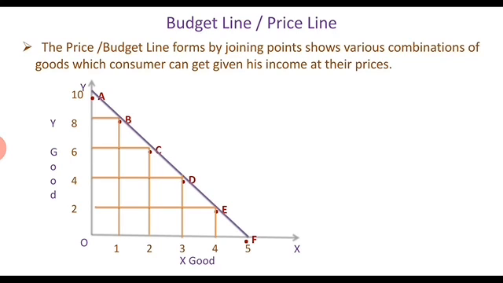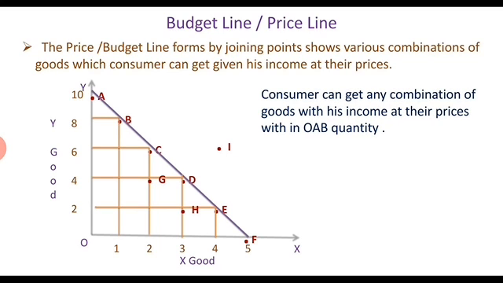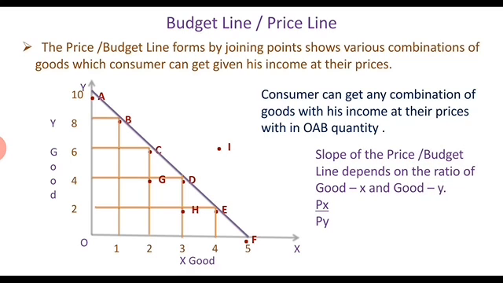By joining these points we get the budget line. The consumer can get any combination of goods within the triangle OAB with his income at the given prices. He cannot buy combination I. The slope of the budget line or price line depends upon the ratio of the prices of good X and good Y, that is Px by Py.